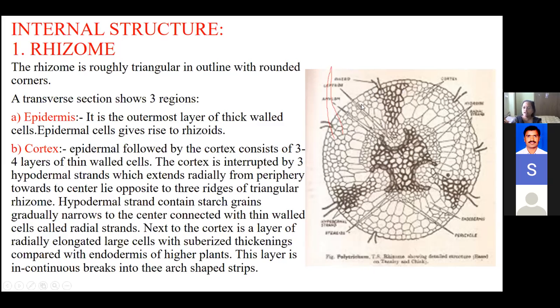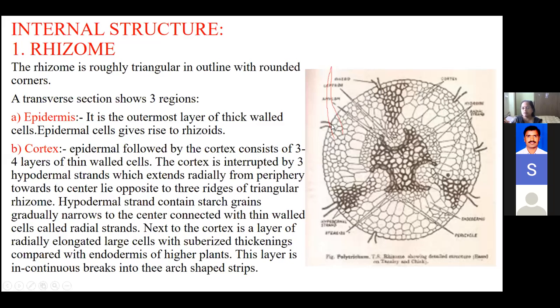We all know that the epidermis is the outermost layer of any plant part, and this is very thick walled, as this rhizome stays inside the soil, to protect the internal tissues. So this epidermis becomes thick walled.